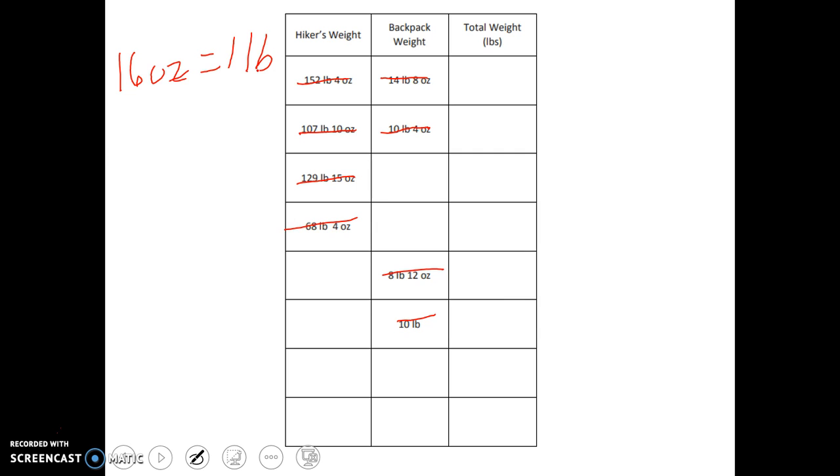Hitchhiker number 1 is going to be 152 pounds, and 4 out of 16, which reduces down to 1/4. So 1/4 here.